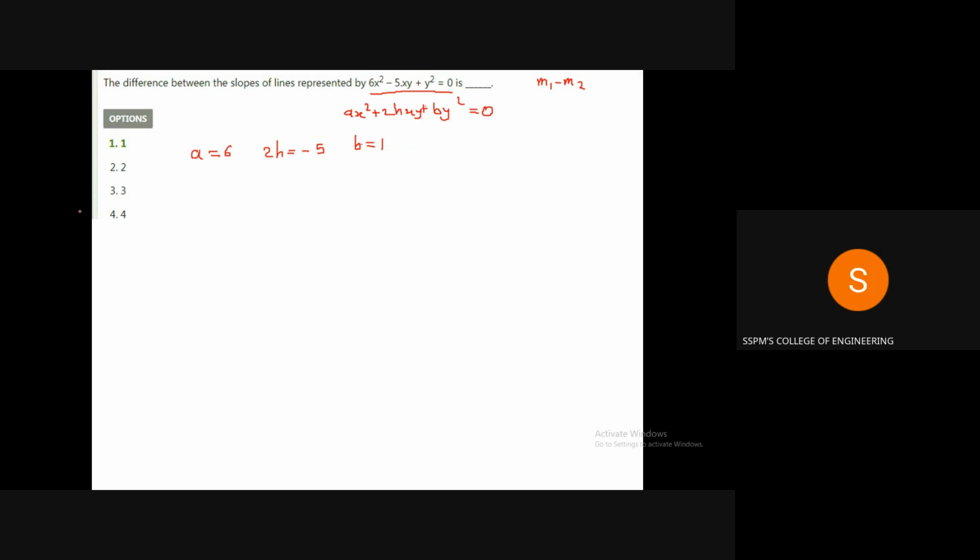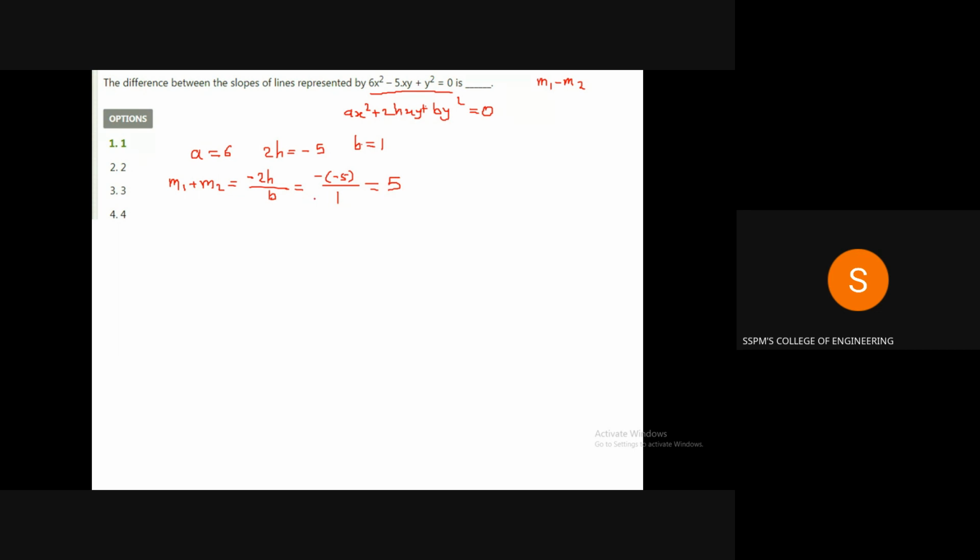Okay, now what is m1 plus m2? m1 plus m2 is minus 2h divided by b. Remember this formula, minus 2h upon b, therefore minus of minus 5 divided by 1. So minus minus will get cancelled, just 5 will remain.